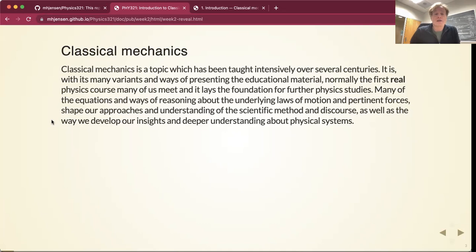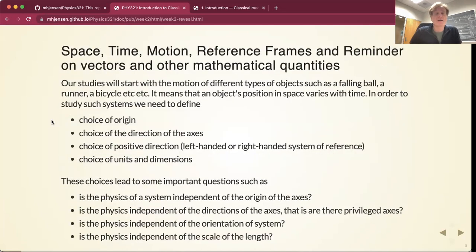So if we look at classical mechanics, one of the things we often start with, when we are going to solve a problem, is to define the choice of origin. The most common choice is to start with a Cartesian coordinate system in either 2 or 3 dimensions.